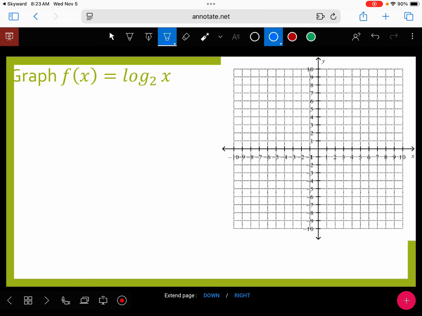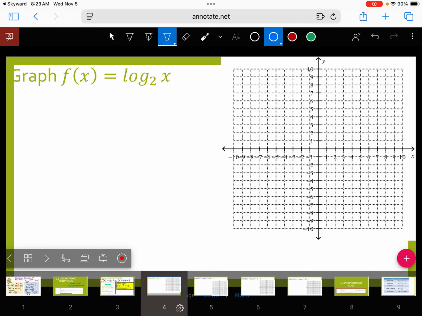I forgot to pass out graph paper. Let me see, how many graphs do we have today? We have 4. So I do have some little graphing squares. Let me go ahead and pass these out. Who needs the graphing squares? Okay. Pass these out.